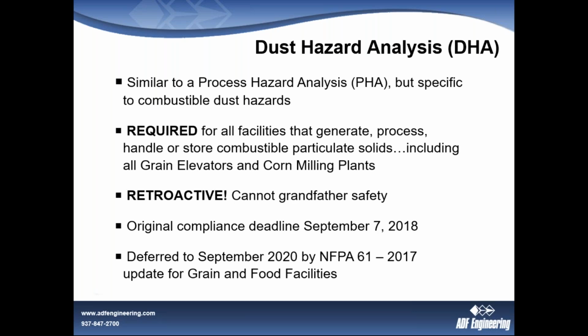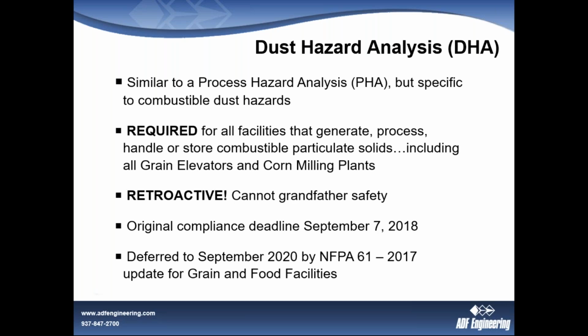Fortunately for many of you, I know we have a lot of individuals in this conference who are from the grain and food industries. In September of 2017, NFPA 661 was reissued, referenced 652 and the DHA requirement, and reset the clock for those particular industries, giving essentially 2 more years by restarting the clock last year.